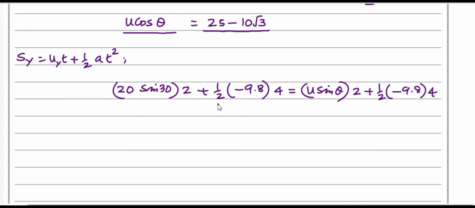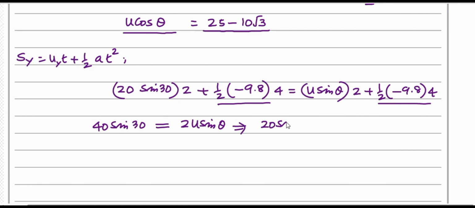Removing the equal terms from both sides, we get 40 sine 30 equals 2u sine theta, which simplifies to 20 sine 30 equals u sine theta. Sine 30 is equal to half, therefore 10 is equal to u sine theta.